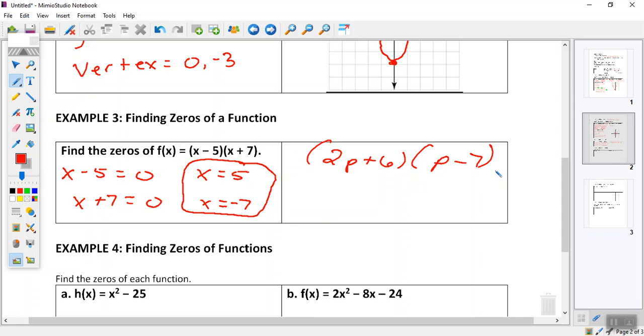How many have the zeros here? What are they? When you set 2p plus 6 equal to 0, what'd you get for a p value here? Negative 3, good. What'd you get here? 7. So if I wanted to graph this, kids, what values would I graph on the x-axis? Negative 3 and 7. What's negative 3 plus 7?